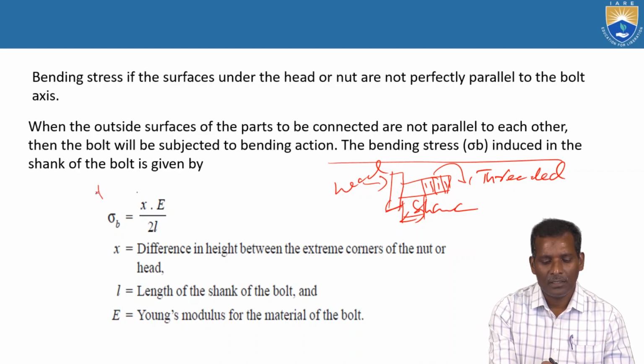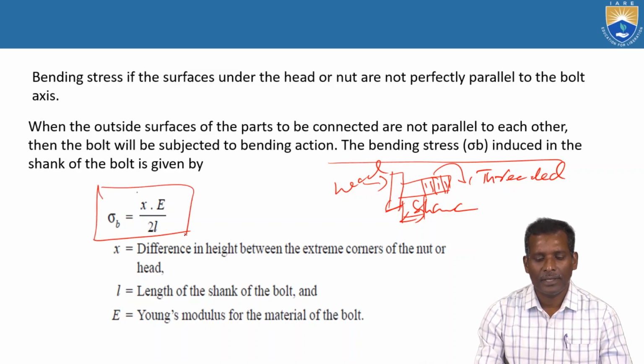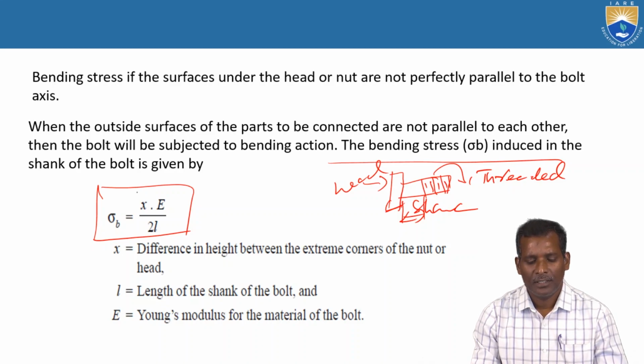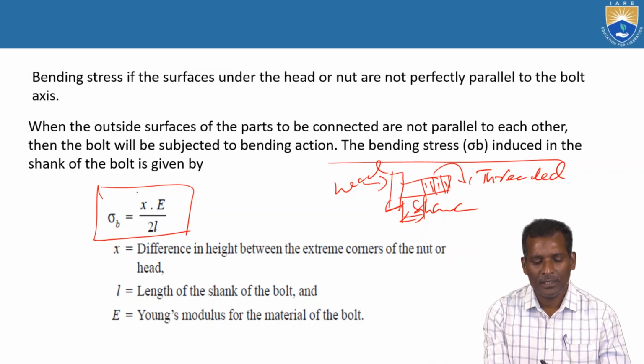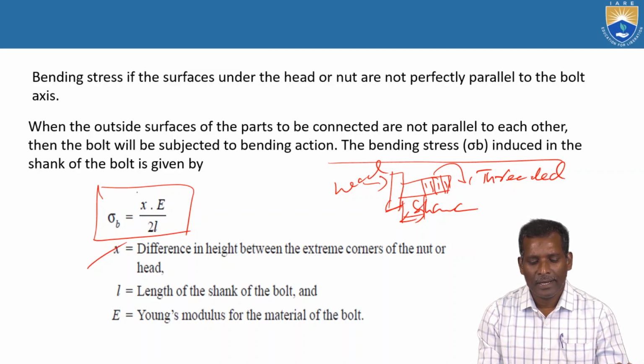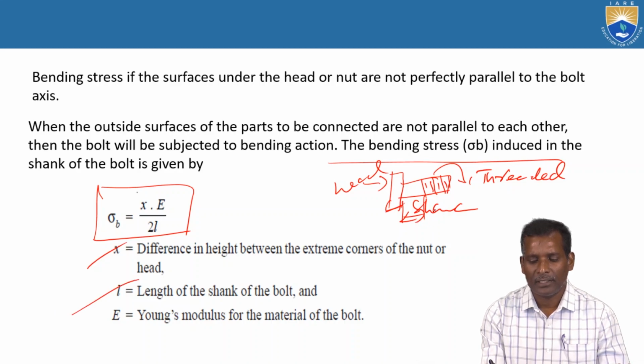So by using this relation, you can calculate the bending stress, where x is the difference in height between the extreme corners of the nut or head, and L is the length of the shank.